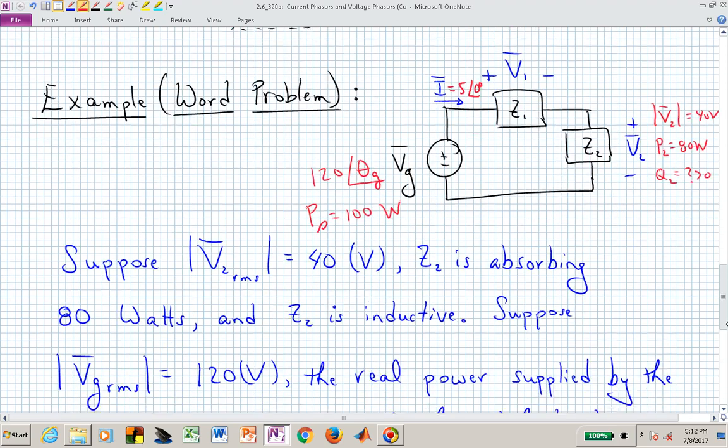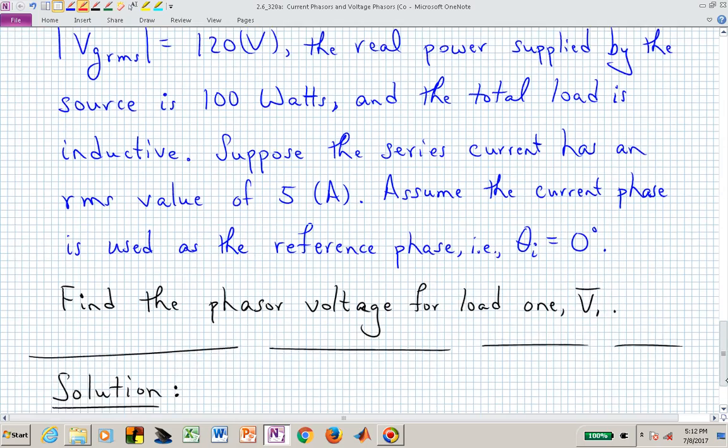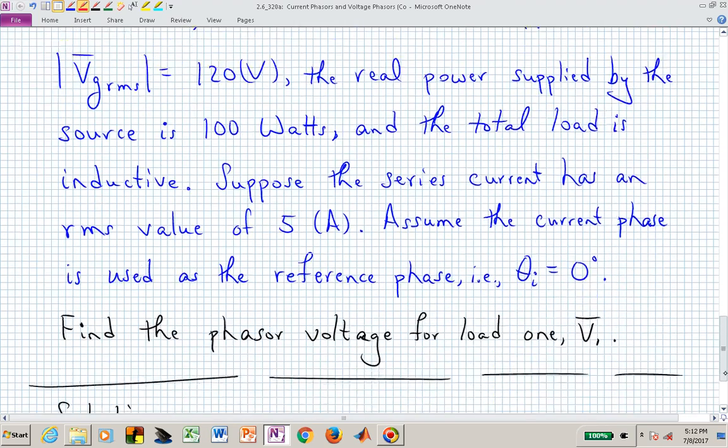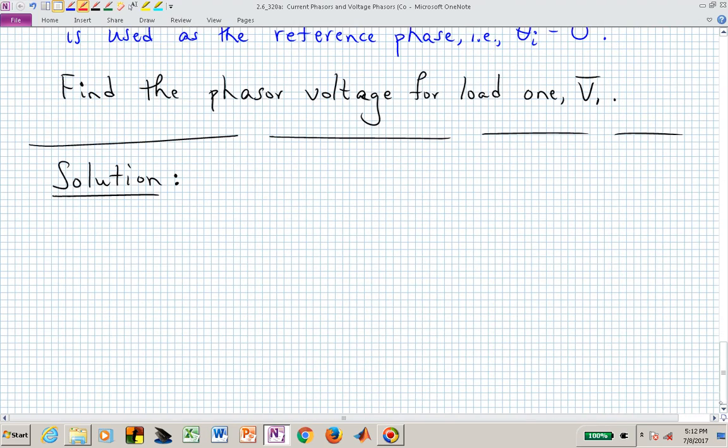What can we start to say? Let's just start seeing what we can about this particular circuit. It's a sinusoidal steady state problem, and let's just summarize what we've been given.